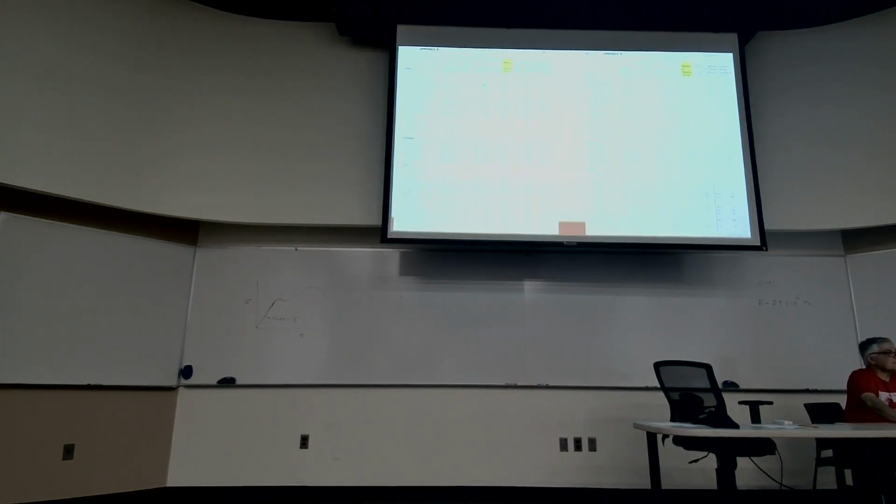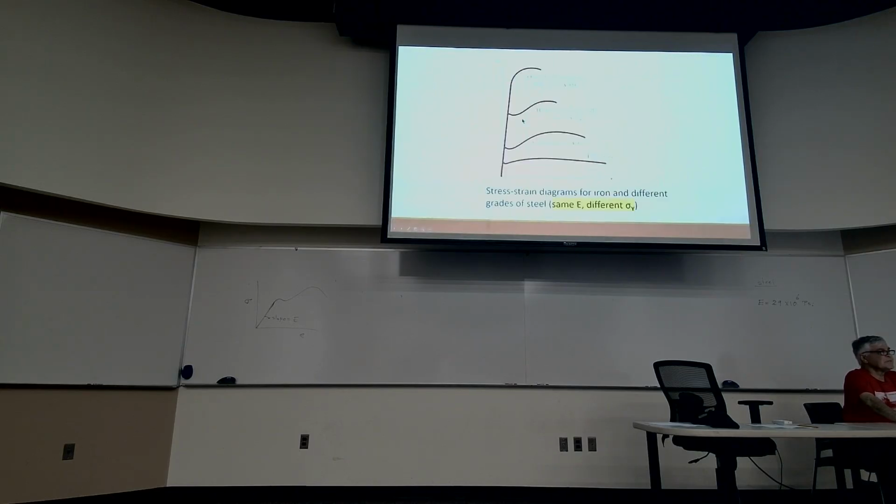So here's the same table. I've highlighted the column that we're talking about, modulus of elasticity E, 200 gigapascal, 29 million psi. Those are for steel. Now this figure shows you that there are different types of steel. Pure iron, which doesn't have any carbon in it, is shown here.